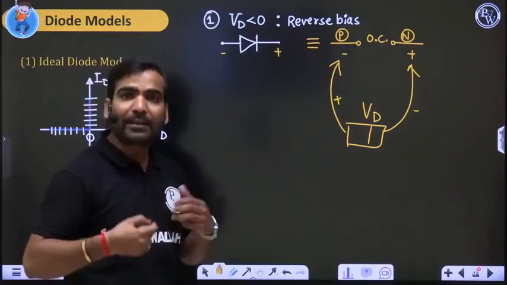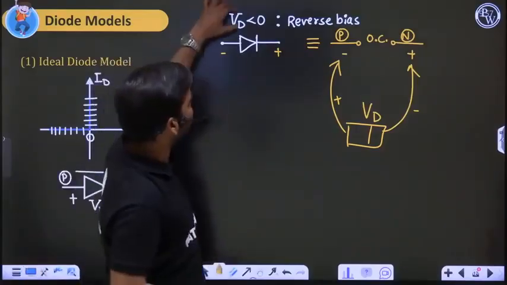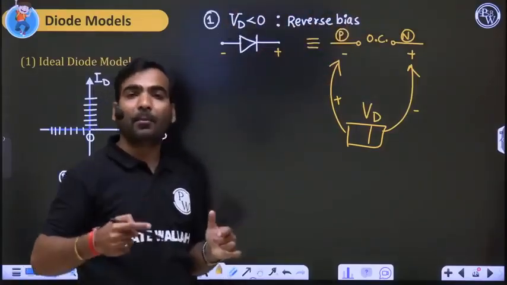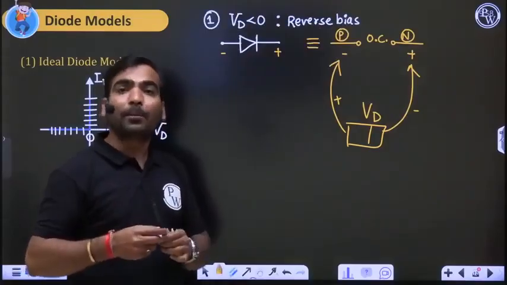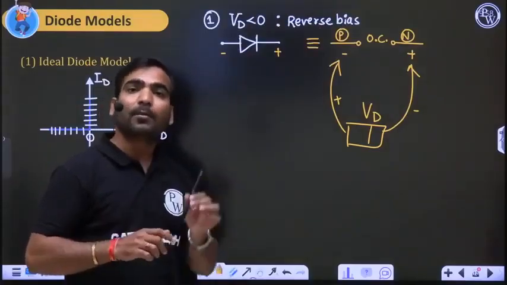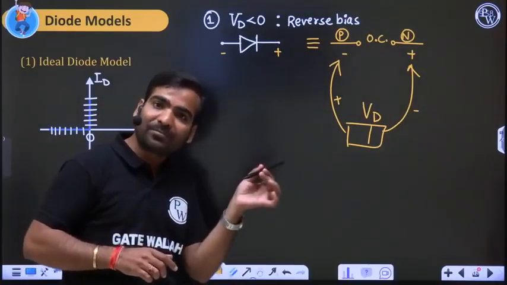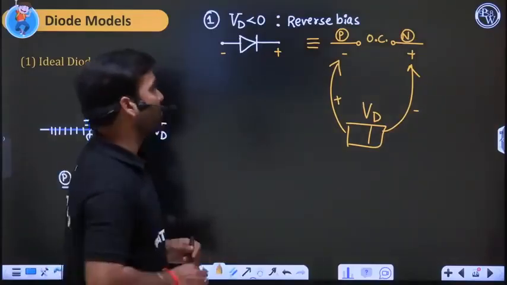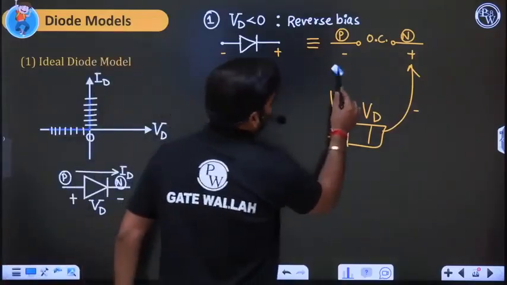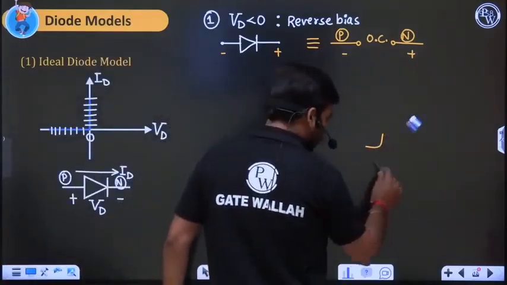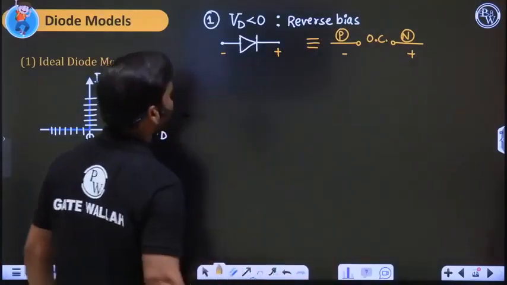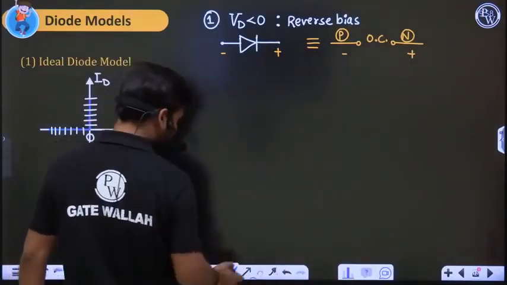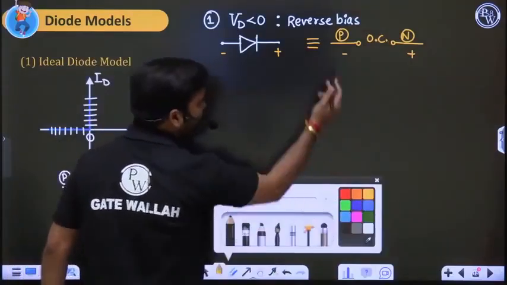So this is the term I am using, in the form of a multimeter reading, where I am connecting the P side to the positive and the N side to the negative terminal of the multimeter. So this is the case. Don't get confused, just practice and then definitely no problem will be there. So current is zero in this case.